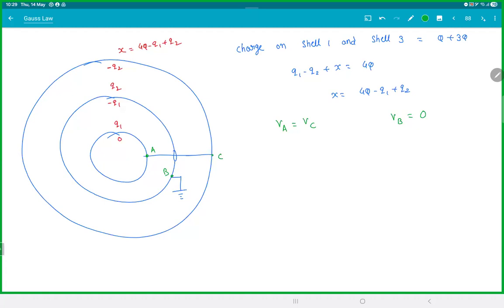Just have to write the equations. Okay, let's see.